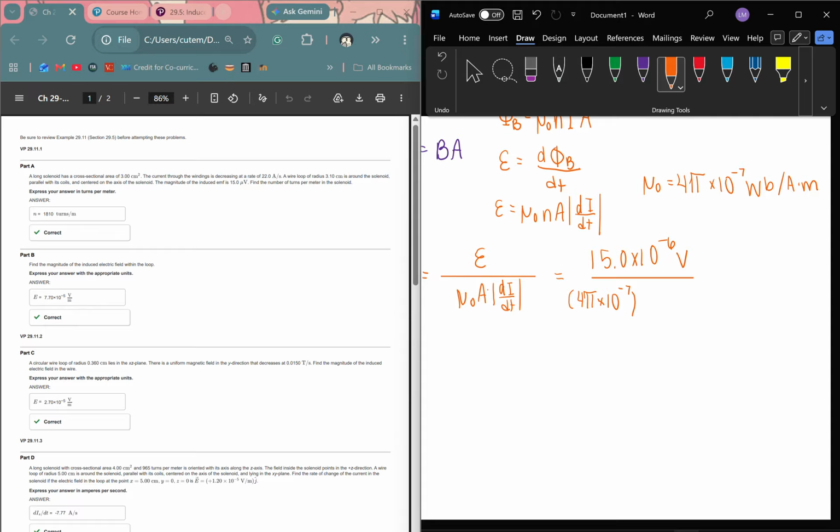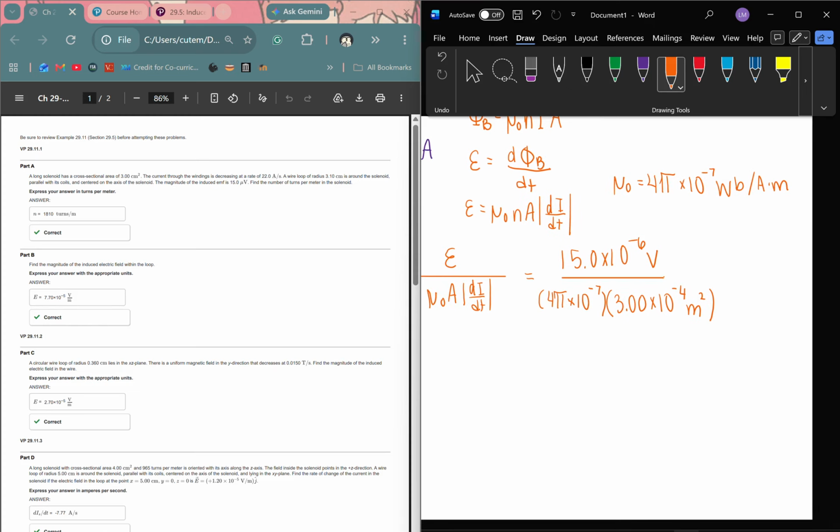Now we have to find the A, which is the cross-sectional area, which we know is 3 centimeters squared. To convert the area, that would be 3.00 times 10 to the power negative 4 meters squared. Yeah, that's right.